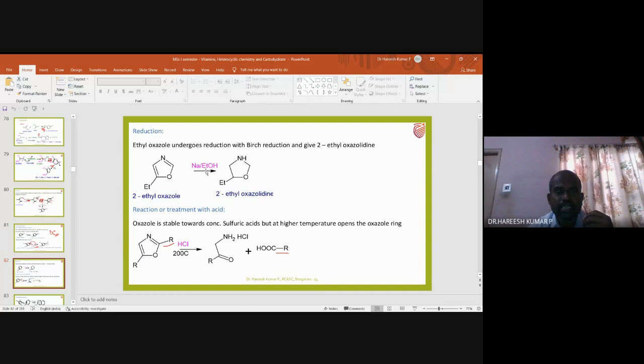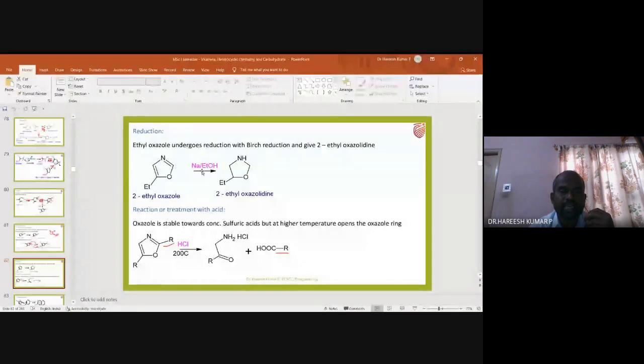Here, what is the reducing agent? Sodium is the reducing agent. It will supply an electron. One sodium can supply one electron, in terms of molecule I am talking. So 2 sodium is required to transfer 2 electrons to this carbon.